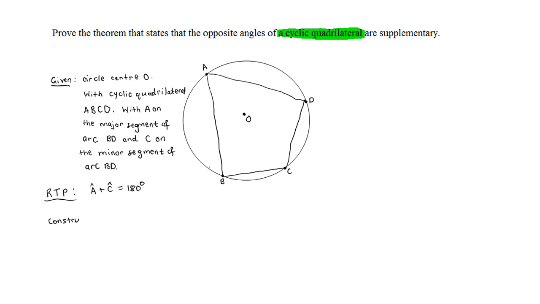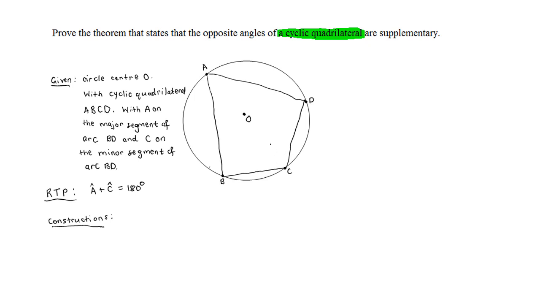We're going to have to construct some sort of radii. Maybe the easiest thing to do is to construct the radii OB and OD, because then we can connect the angle at the center with angle A and also the reflex angle with angle C.